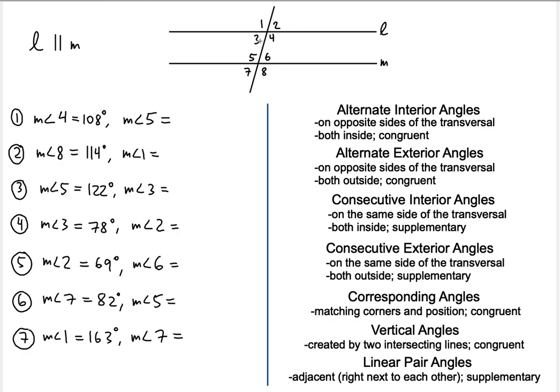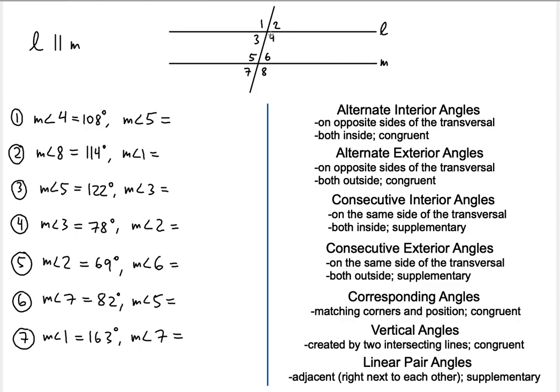So the first 2 pairs are here. Notice that the transversal crosses line L, and it creates 2 pairs of vertical angles. And vertical angles, you can think of them as mirror images of each other. So for example, 1 is a mirror image of 4. 1 and 4 are vertical angles, and they're on the opposite sides of the transversal, as you can see in this case. Okay?